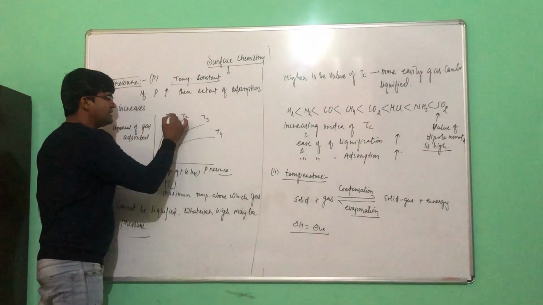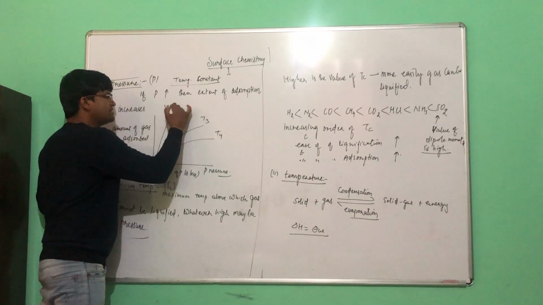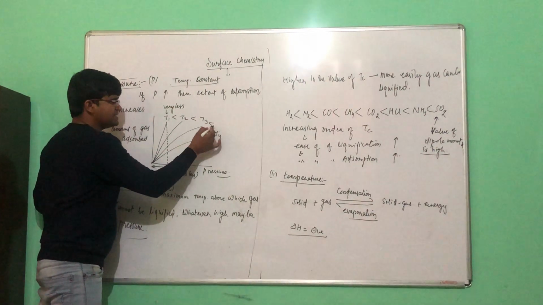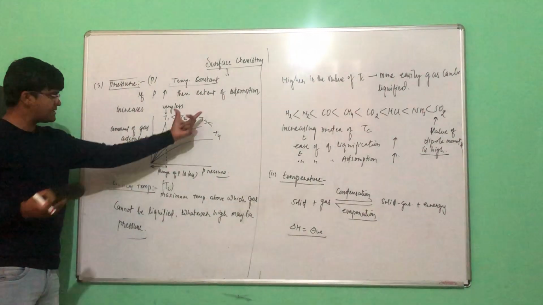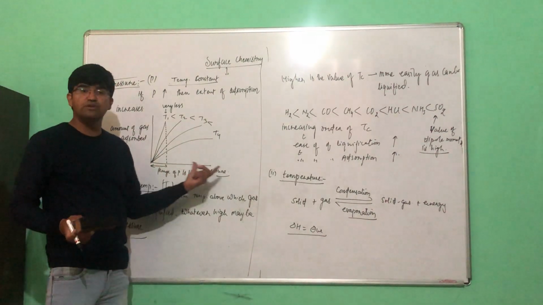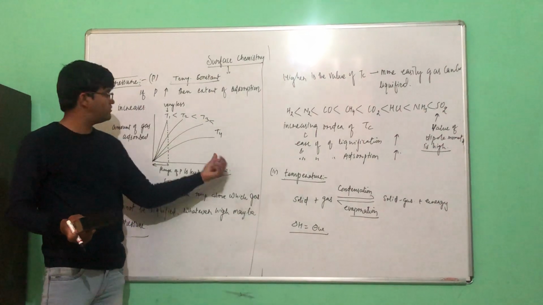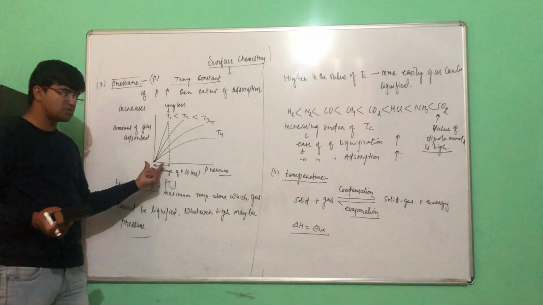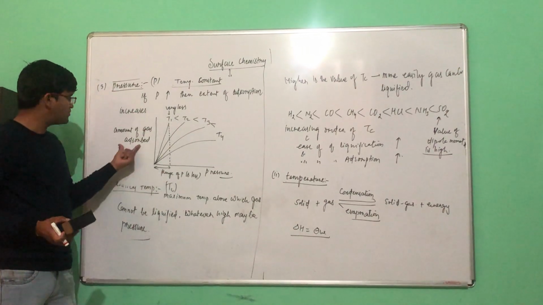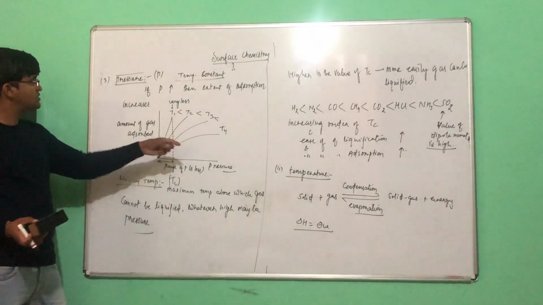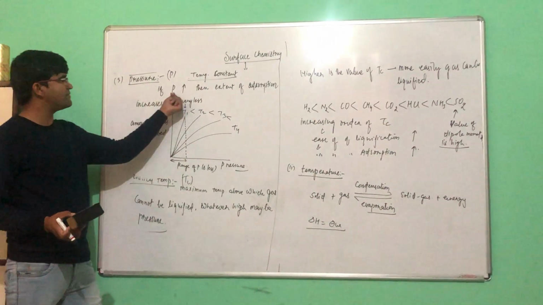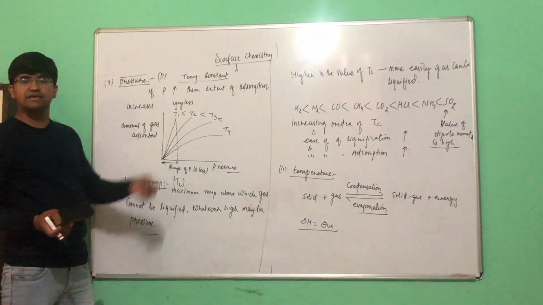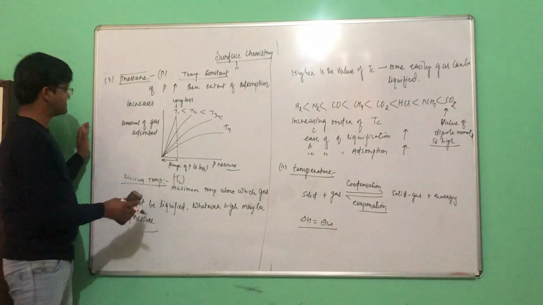So we can say that the value of T1 is very low. So T1 is less than T2, less than T3, T4. Meaning as temperature rises, pressure has to be increased to a very great value, and if temperature is lower, then within a short range of pressure, the amount of gas adsorbed will be very high. So overall, we can conclude that if pressure increases, then the extent of adsorption increases.